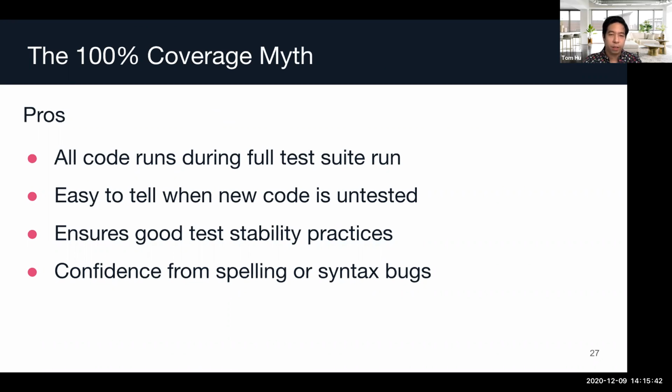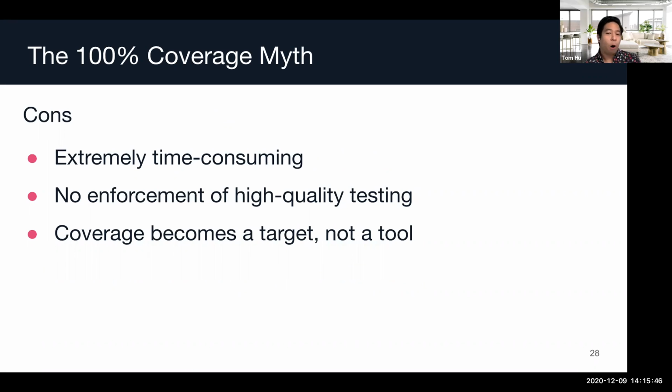But there's a lot of flaws with having 100% coverage. Writing tests for all your code is extremely time consuming. As engineers, we estimate that writing tests can take as much time as the actual implementation. And code is never perfect. If it suits a particular use case now, it's highly unlikely that it's going to be suitable 2, 3, 5, 10 years from now.